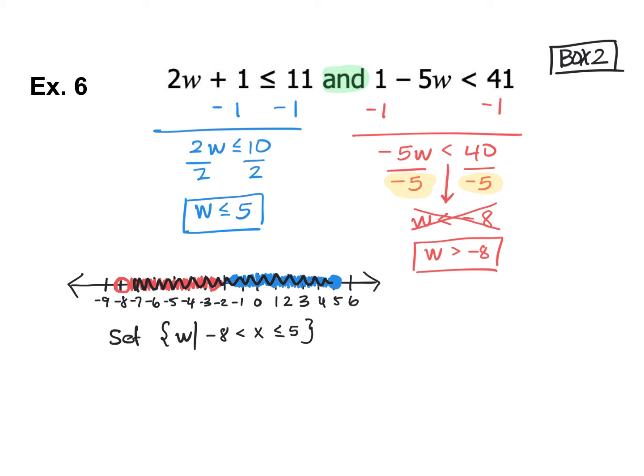Interval notation, we have negative 8 comma positive 5. The negative 8 has a parenthesis because it's an open circle, and the positive 5 we have a bracket because it's a closed circle.